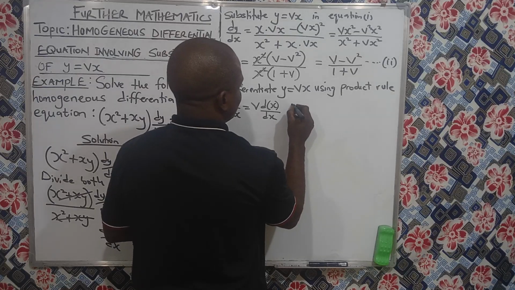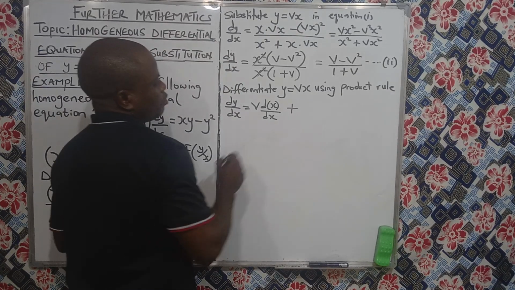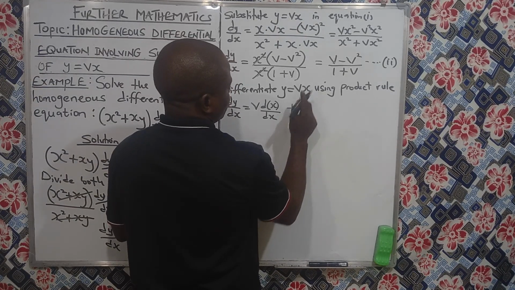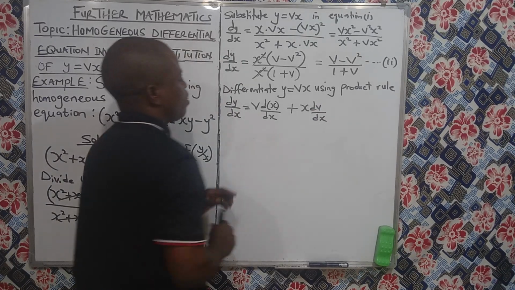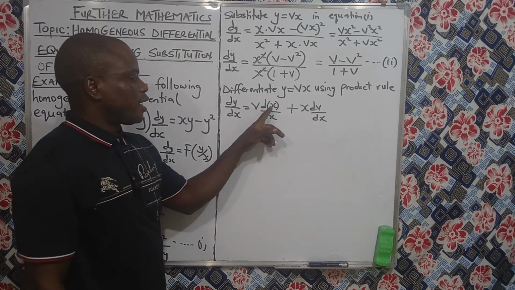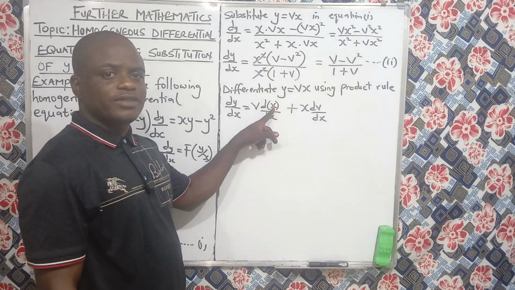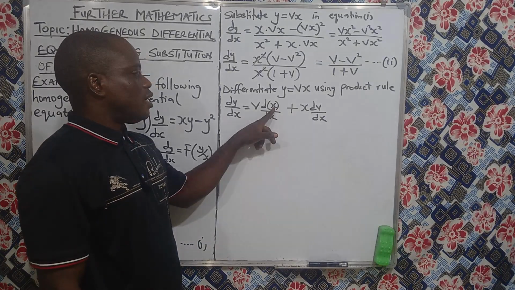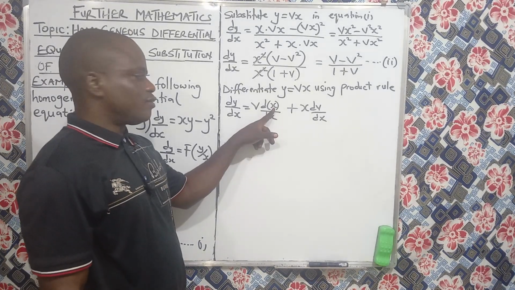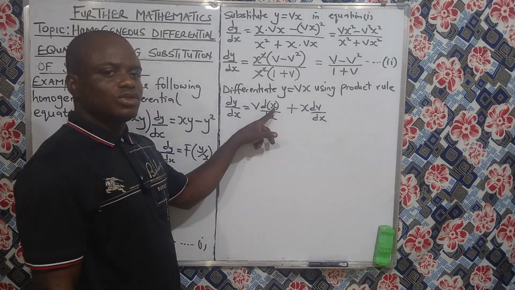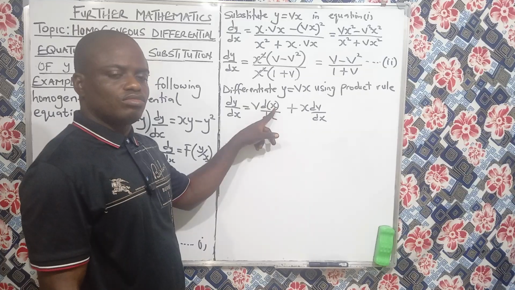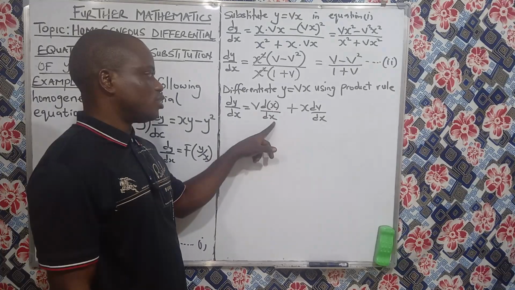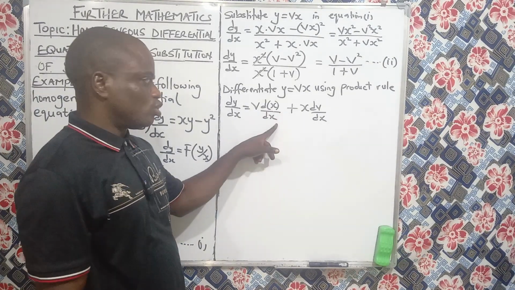When you are using the product rule, there is addition in between them, plus now keep this x and differentiate v, dv over dx. Take note that x is an independent variable, and its derivative with respect to x is always 1.